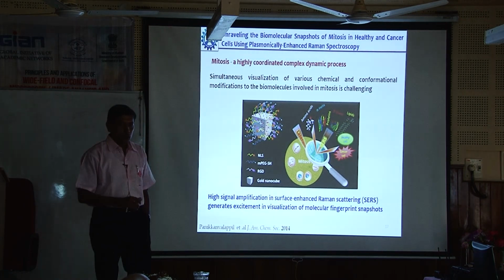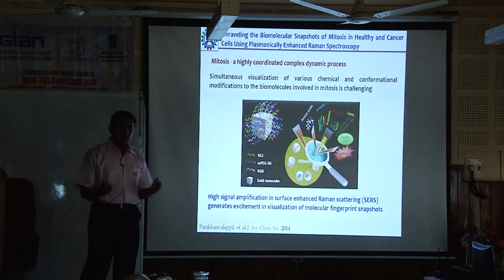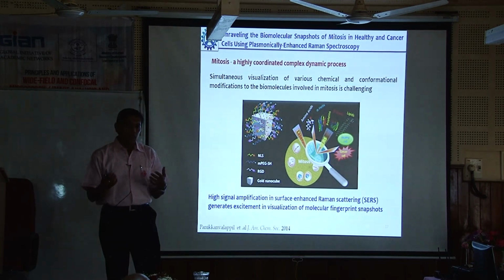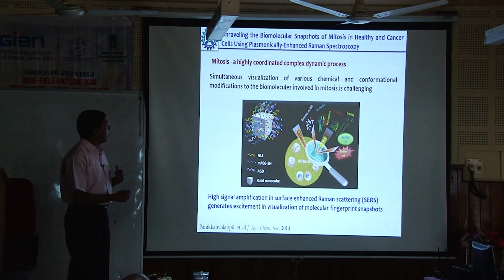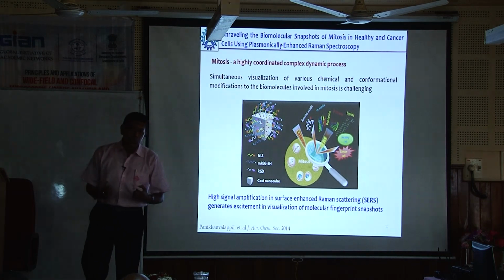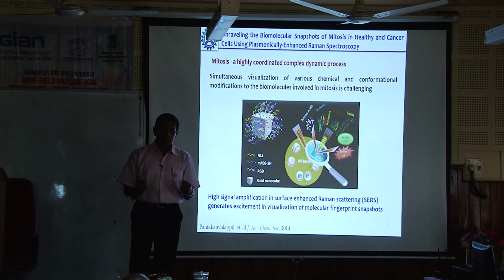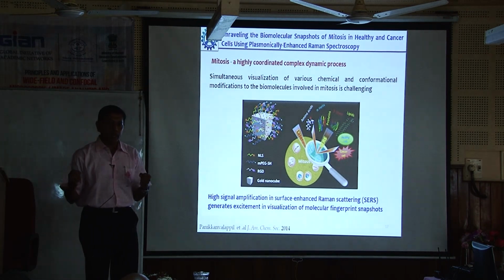But another way they have done it is with cell division, which is a spontaneous process. They have called this a biomedical snapshot, where you may find the normal cell division and the cancer cell division, and how it can be reflected.